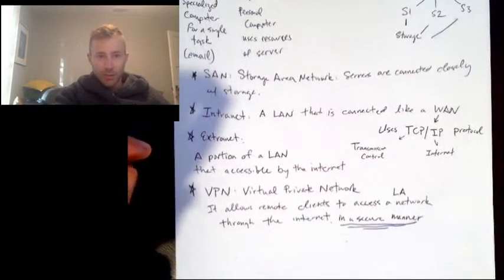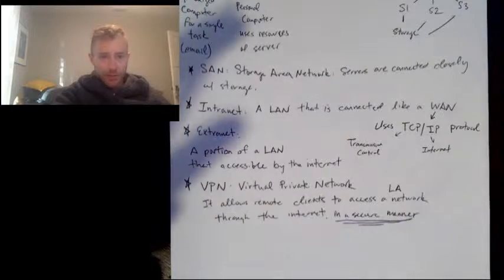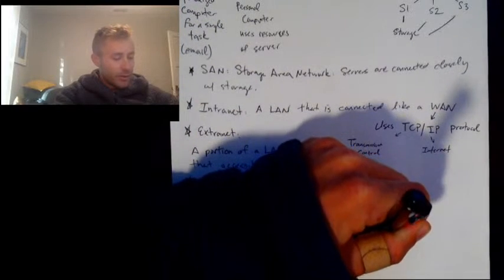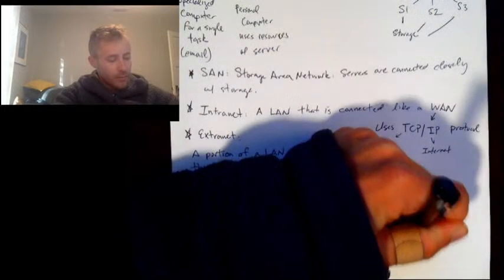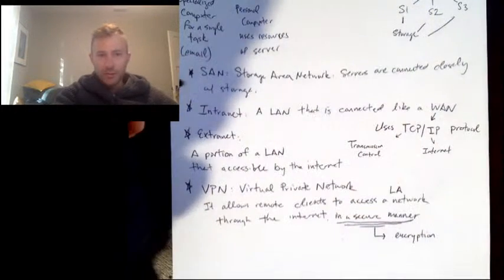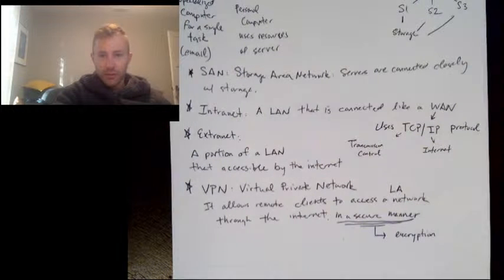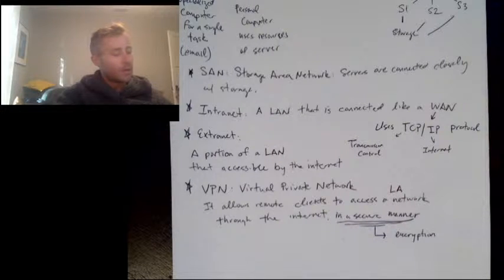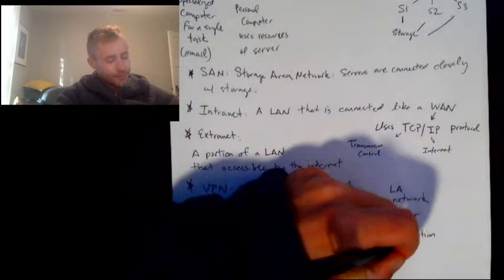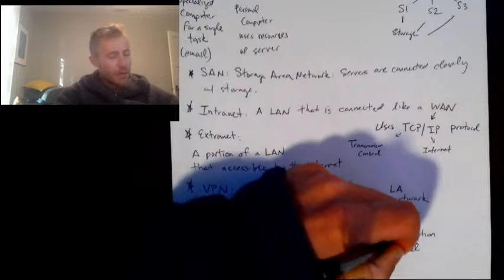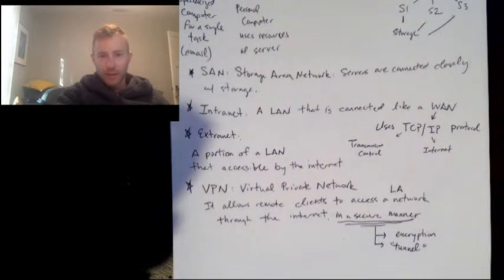That's really important. So, how does it accomplish that? It accomplishes it through encryption. Encryption means scrambling the data, encoding the data so that it can only be decoded by the recipient. And it creates what's called a tunnel. You'll want to know that vocabulary term if you're ever asked about VPNs.